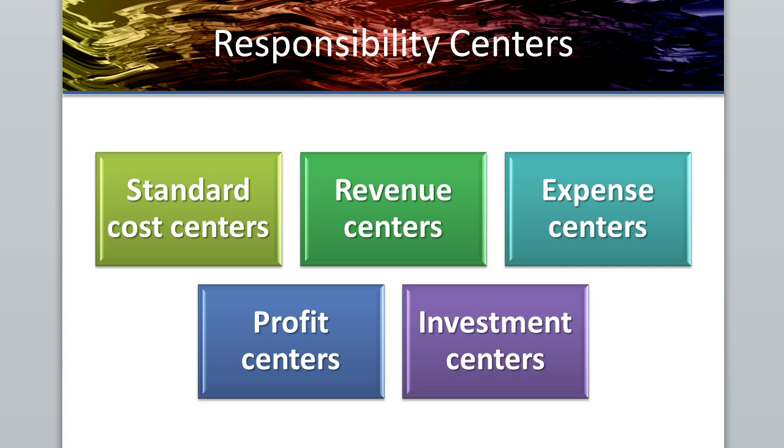Now, profit centers look at performance based on revenues and expenses, typically established for a smaller unit. It could be a product, a brand, a group of products, or an organizational unit, a business unit. So we look at the products or services that they produce against the direct costs, to see what exact profits these particular centers are making.